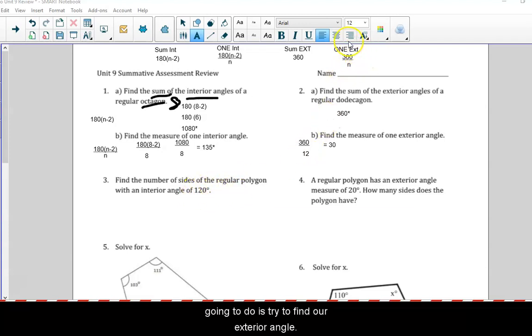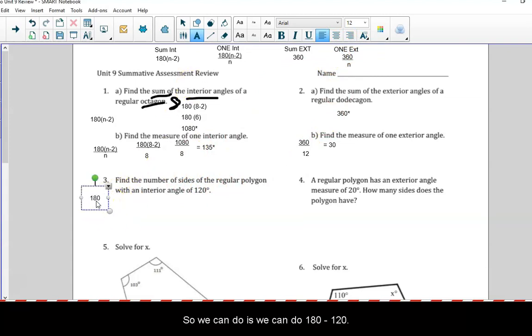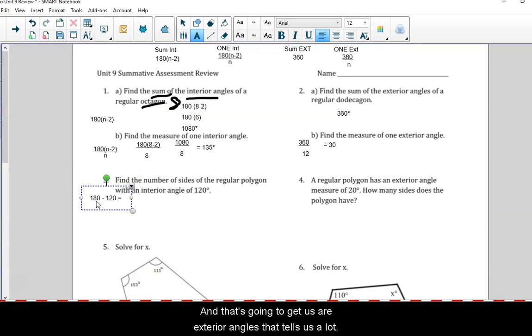Essentially what we're going to do is we're going to try to find our exterior angle. So what we can do is 180 minus 120, and that's going to get us our exterior angle. That tells us a lot, because working with the exterior angle is a lot easier than working with the interior angles. So if we can find the exterior angle, all we have to do then is divide from 360.